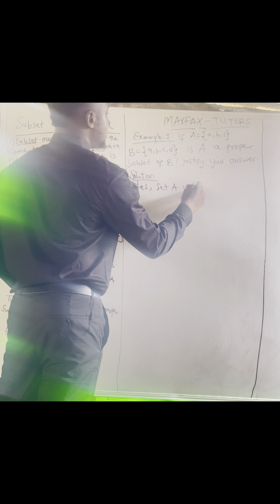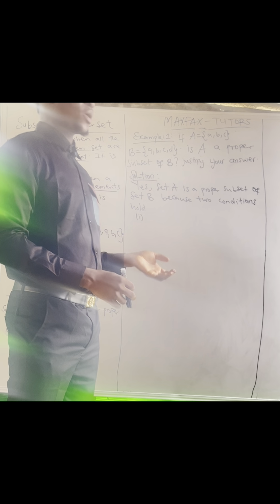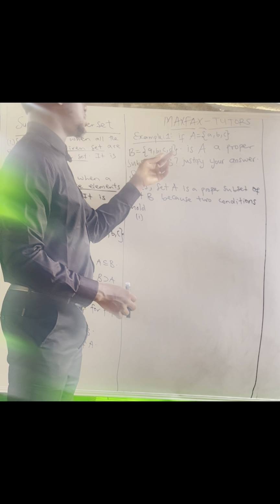Now, what is the first condition, guys? If you look at set A, you see that all the elements in set A are a, b, c. While all the elements in set B are a, b, c, d.